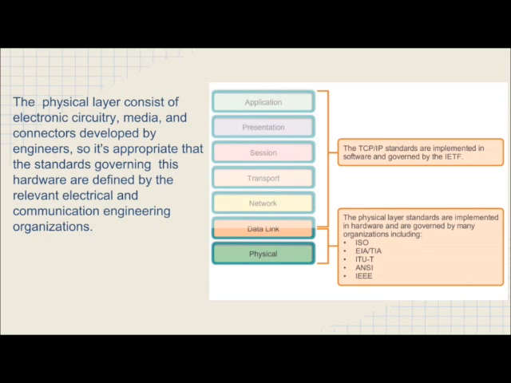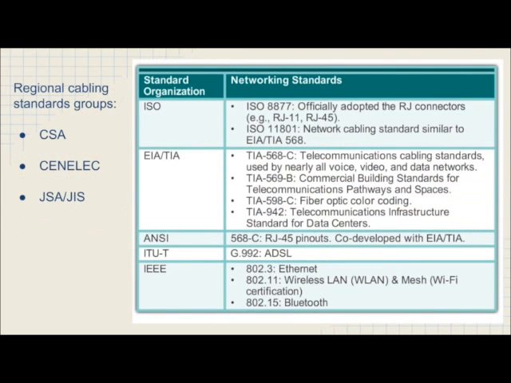Some of these organizations are the International Organization for Standardization, ISO; Telecommunication Industry Association, TIA; International Telecommunication Union, ITU; American National Standards Institute, ANSI; Institute of Electrical and Electronics Engineers, IEEE. Also, there are often regional cabling standard groups, such as Canadian Standards Association, European Committee for Electrotechnical Standardization, and Japanese Standards Association.